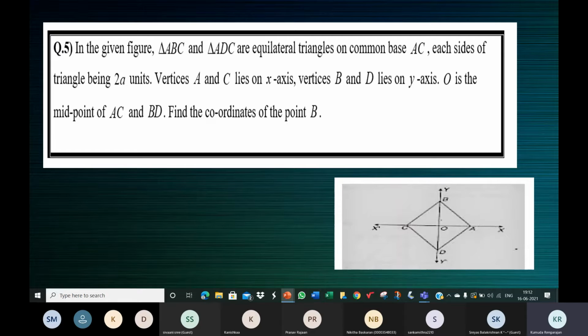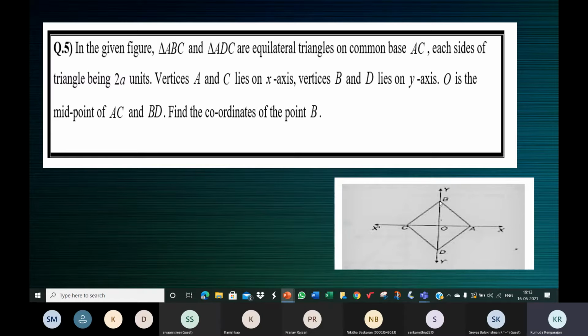Again, the other triangle, AC, AD, DC are 2A units. You can see vertices A and C on the x-axis, B and D on the y-axis, and O is the midpoint of AC as well as BD. Now with these details, we need to find the coordinates of the point B.